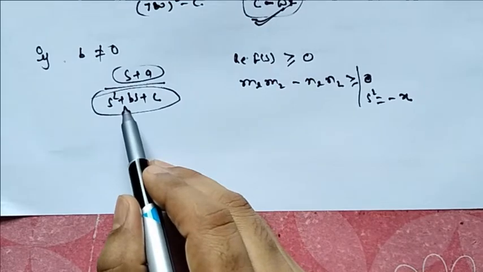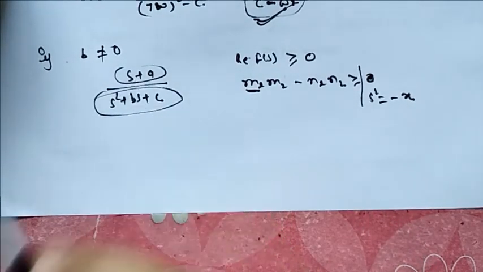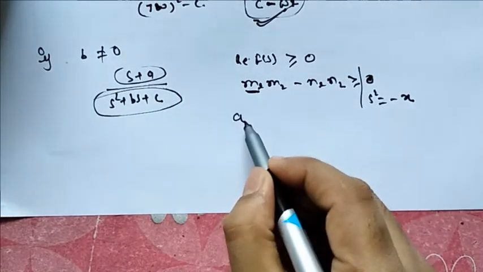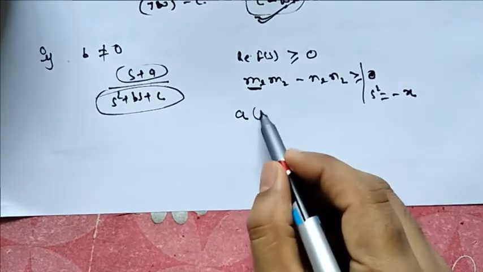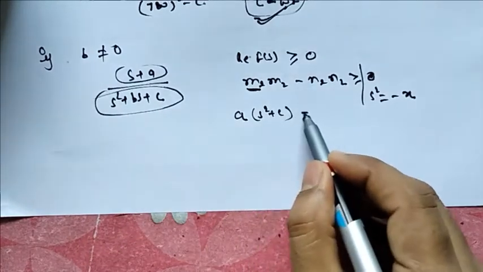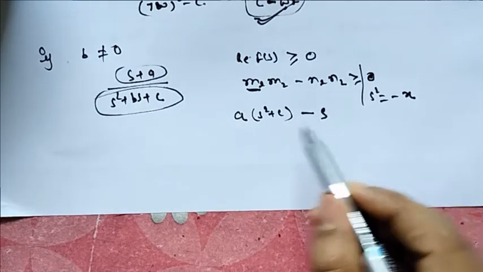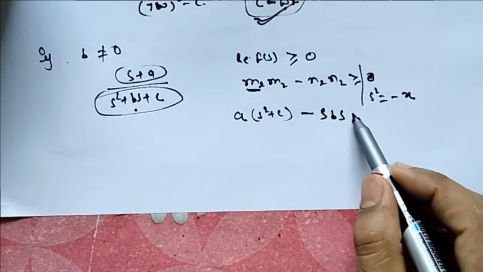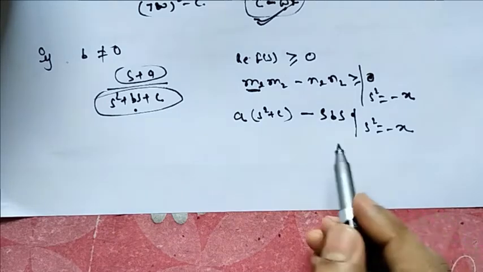This is the even part of the numerator, and the even part is a. What is m2? The even part is s square plus c. Now minus, what is the odd part of the numerator? s. And what is the odd part of the denominator? bs. And it must be greater than 0 for s square equal to minus x.